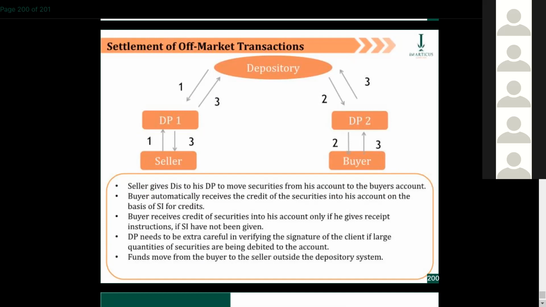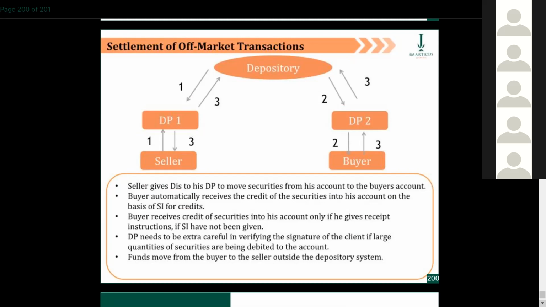The buyer receives credit of securities into his account only if he gives a receipt instruction, if standing instructions have not been given. The depository participant needs to be extra careful in verifying the signature of the client if a large quantity of securities are being debited to the account, and funds move from buyer to the seller account outside the depository system.